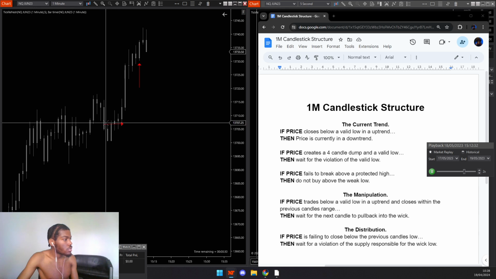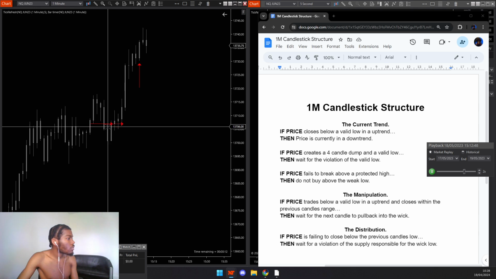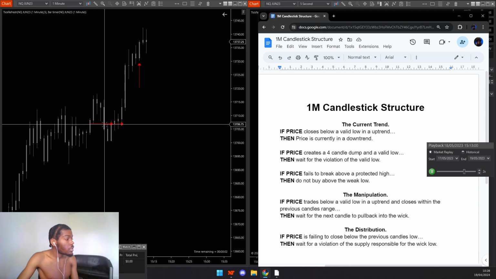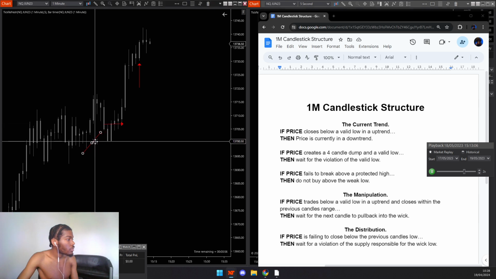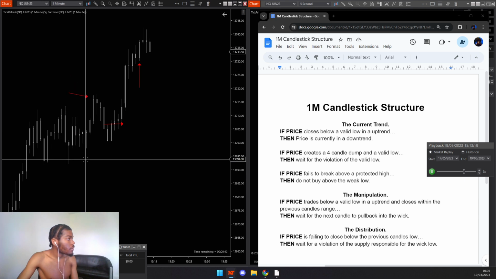If price closes above a valid high in a downtrend, so where was this downtrend? So let's start here. If price closes below a valid low, now this low is responsible for putting in a new high.